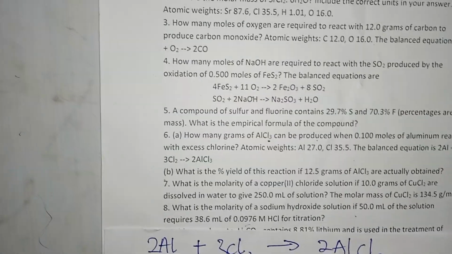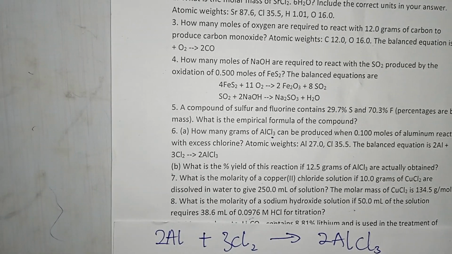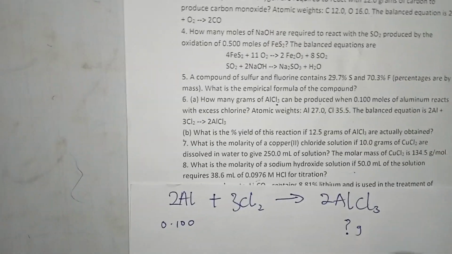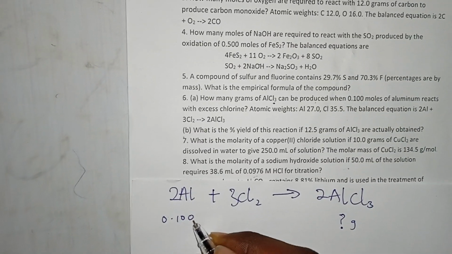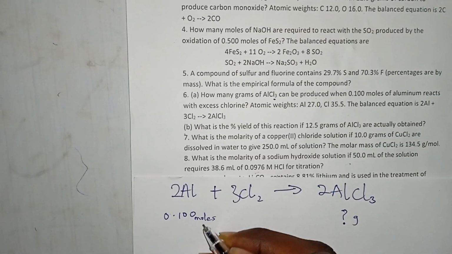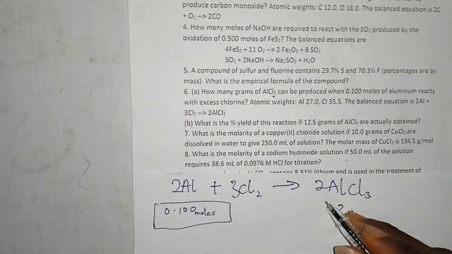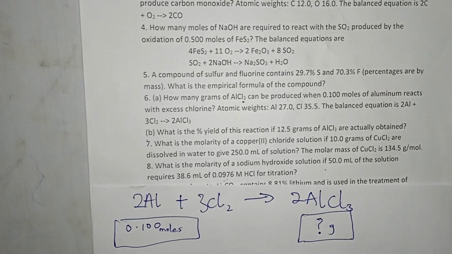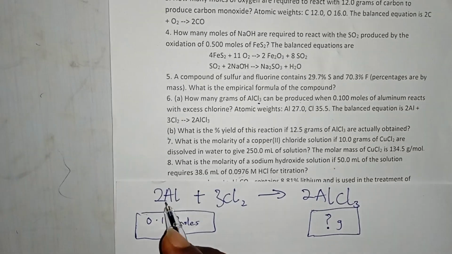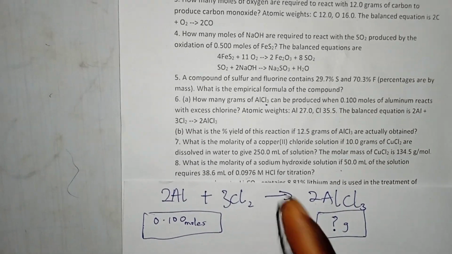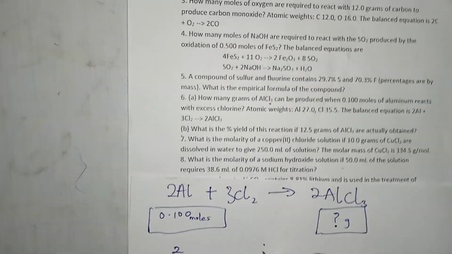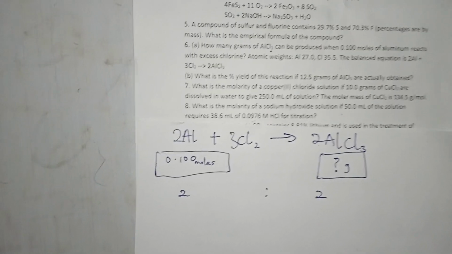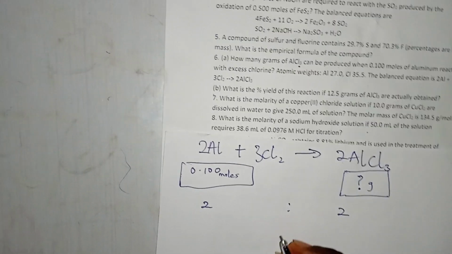So I told you, always focus on what you are asked to find, that is grams of this, and what you're given. I'm given 0.100 moles of this. Always focus on what you're given against what you're asked to find. So in this case, the ratio of aluminum to aluminum chloride is 2 is to 2.